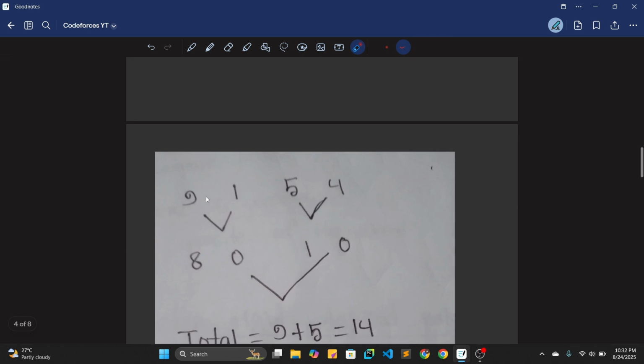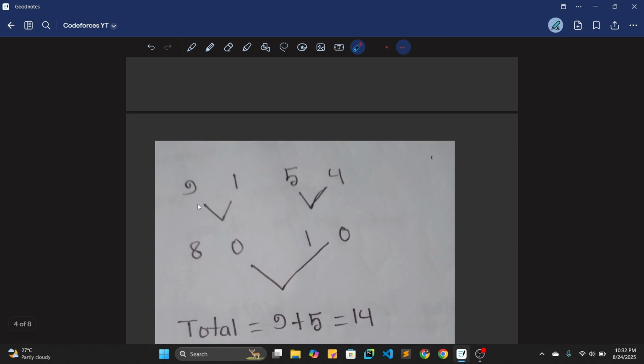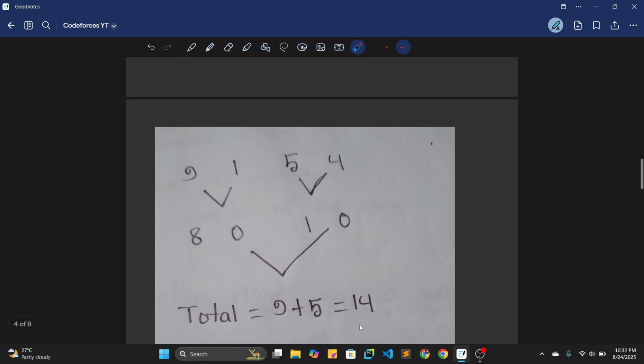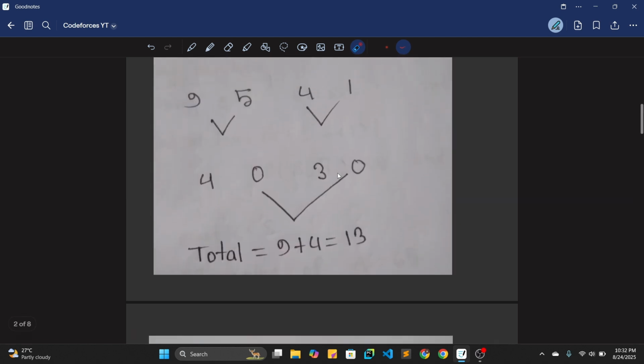Here we didn't arrange them in a sorted way, so the number of emeralds here is greater than we saw in the first example.